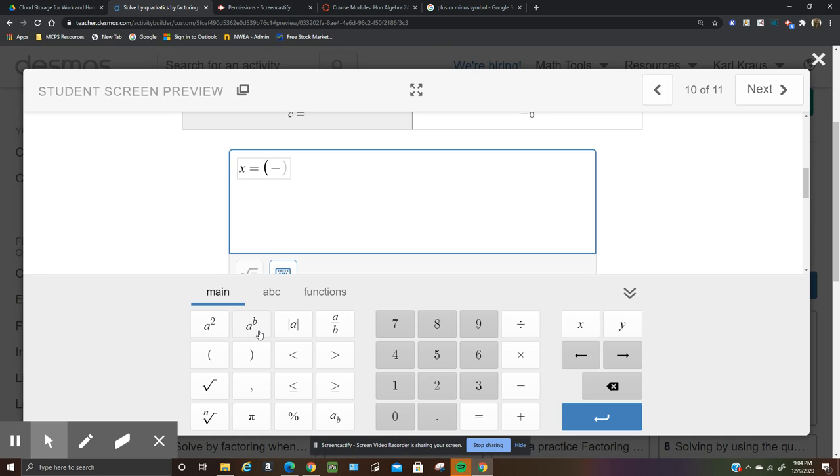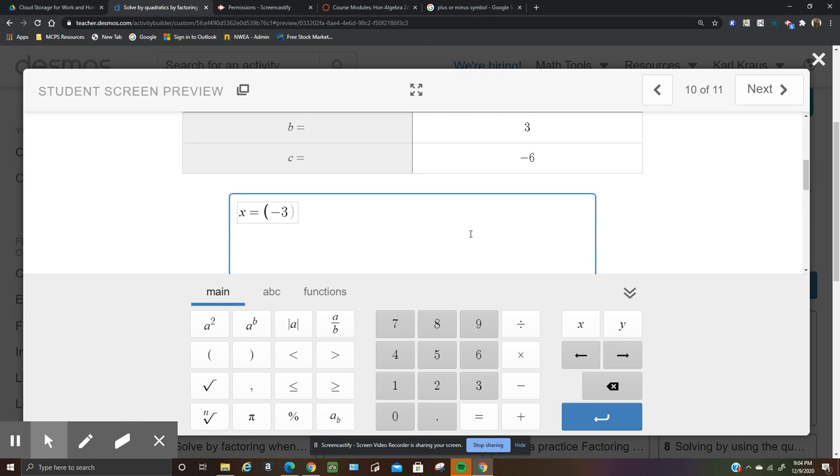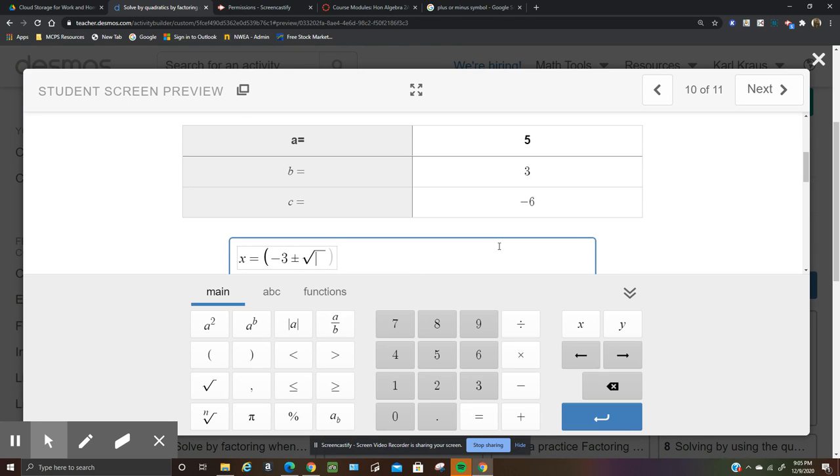So negative 3, the opposite of b, plus or minus the square root. And I'm just going to square the b, which is 9. 3 squared would be 9. Minus 4 times 5 times negative 6, and then divided by 2a, which would be 2 times 5, or 10.